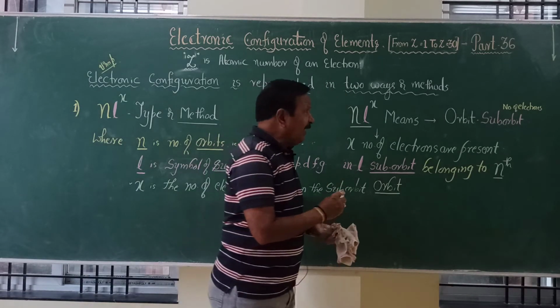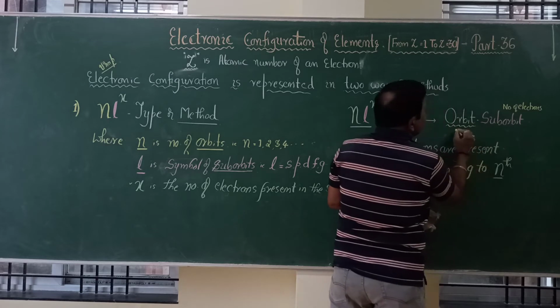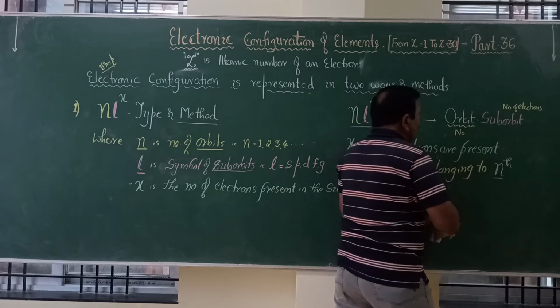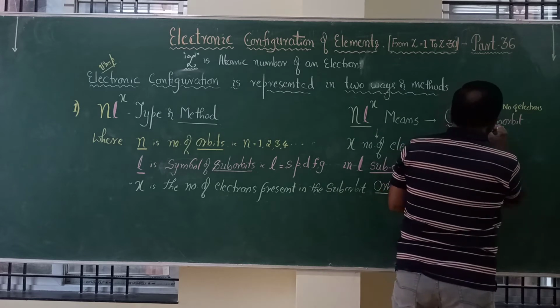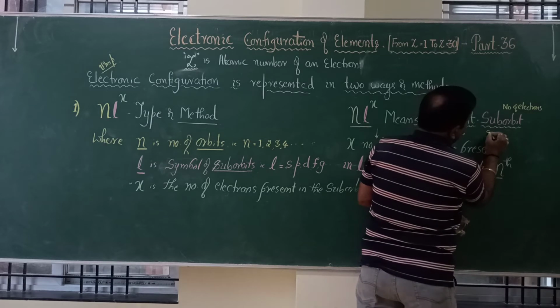And you know very well, orbit is represented by a number and suborbit is represented by a symbol.